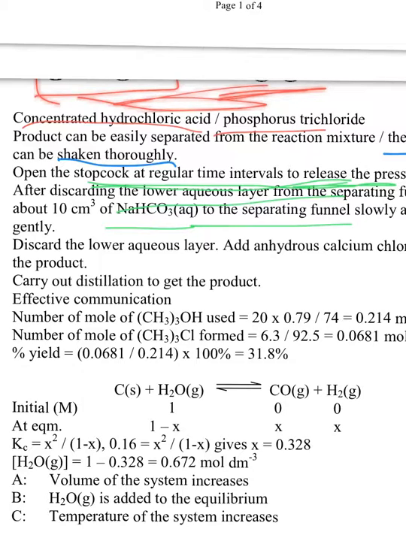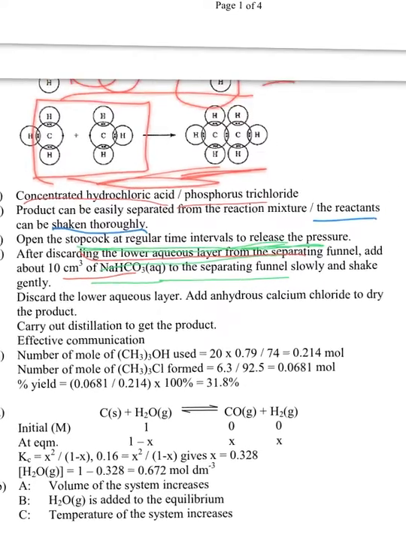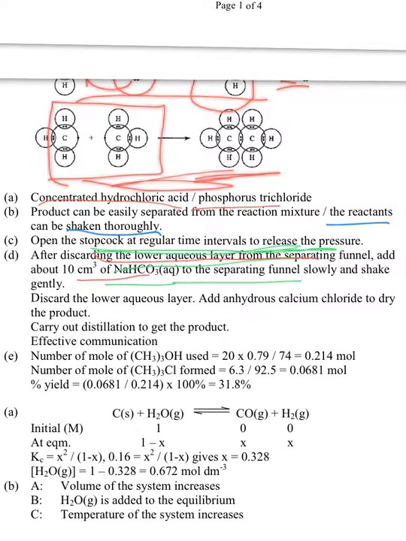Sorry, not yet finished. Now you need to wash the lower aqueous layer by addition of sodium hydrogen carbonate, or I show you the full answer here. Discard the lower layer.